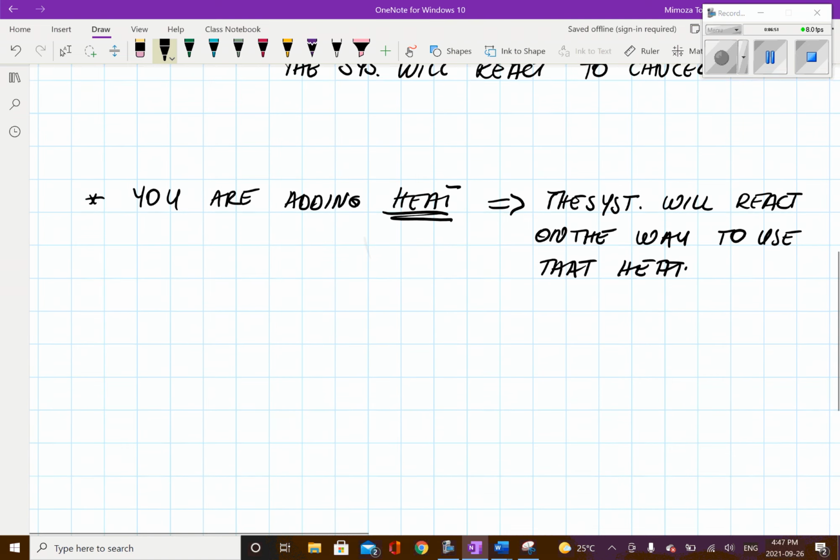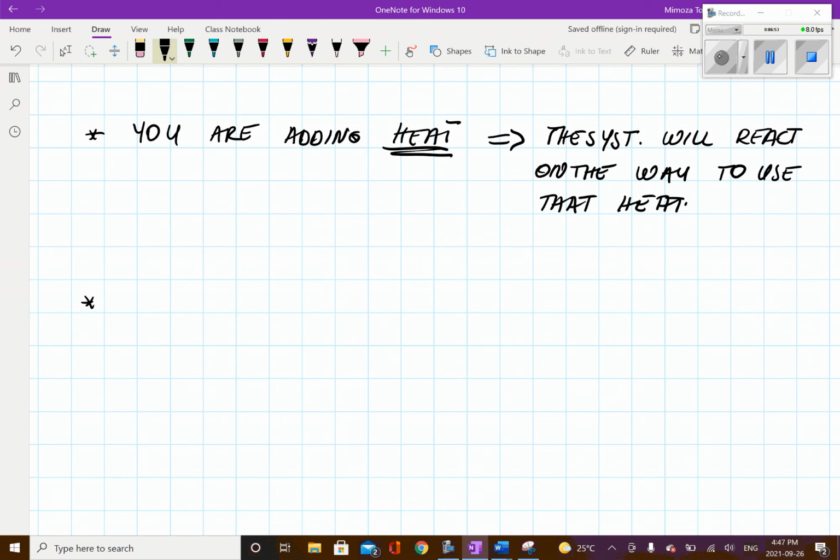If you are increasing the concentration, the system will react so that the concentration that you are increasing is decreased.